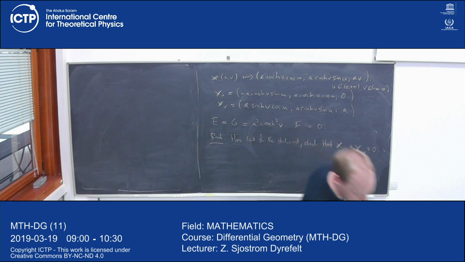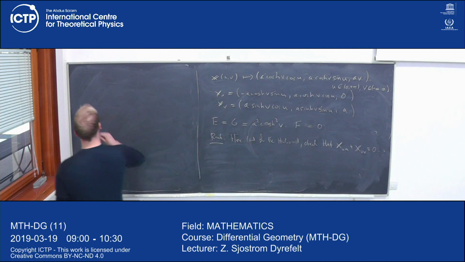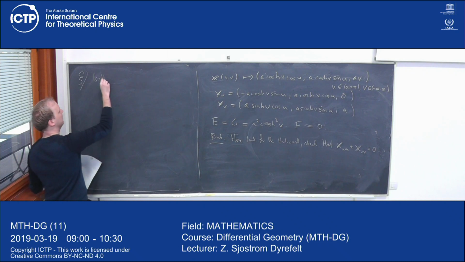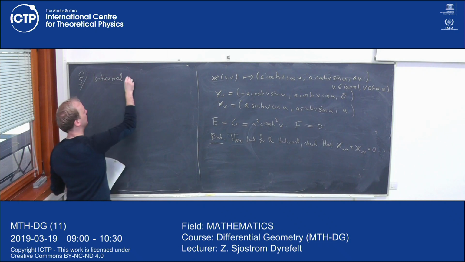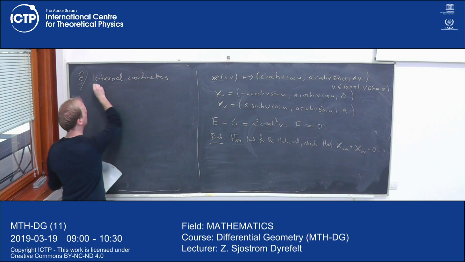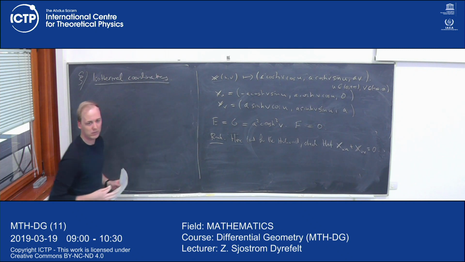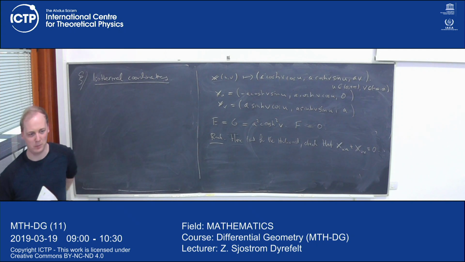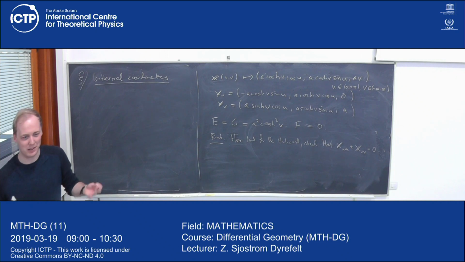Okay, and to see this, you have to introduce something called isothermal coordinates. I'm sure that you have spent a lot of time talking about canonical ways of parameterizing, or particularly nice ways of parameterizing a curve or a surface.